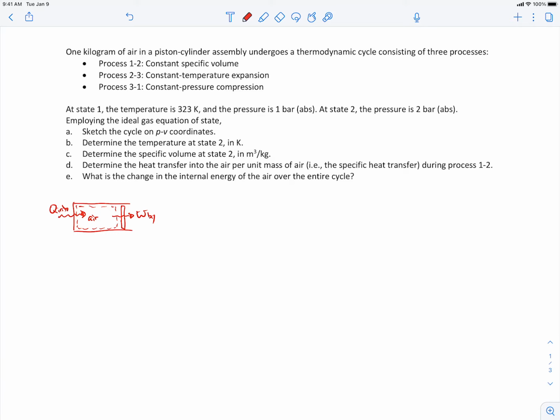So let's first of all sketch the process on a PV plot. So here's the pressure axis, here's the specific volume axis. We're told from state 1 to state 2, it's a constant specific volume. So let's call this state 1. So state 2 will be something like this.